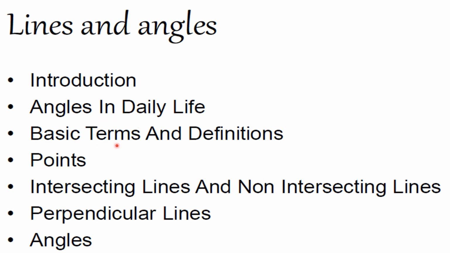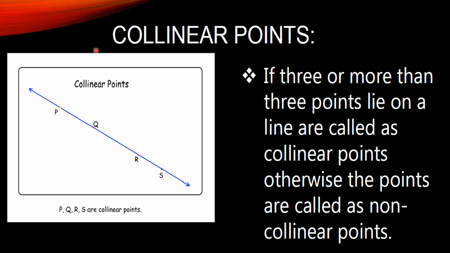Third point, basic terms and definitions, and the fourth point, points. And the fifth point, intersecting lines and non-intersecting lines. And perpendicular lines. And the last point is angles. Okay, my children? Right. Let us start with collinear points.